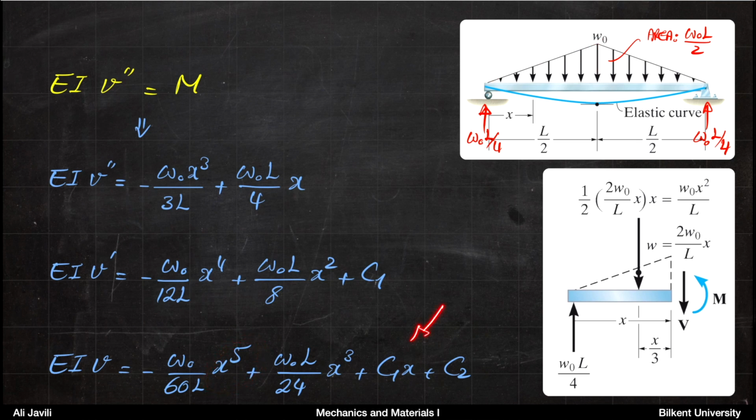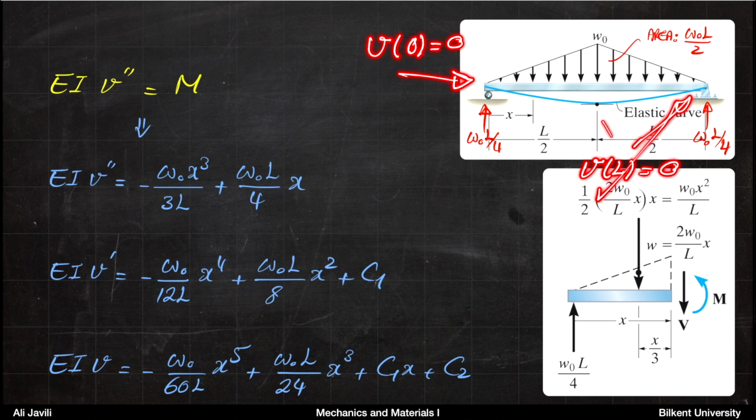All right, so this is our deflection equation, and we have two unknowns, and this is also our equation for theta. Now, if we look at the boundary conditions, maybe it seems that we have two conditions. One is here, so v at 0 is 0, and then you can also imagine deflection at L is 0.